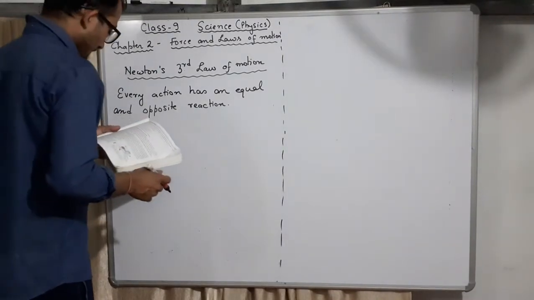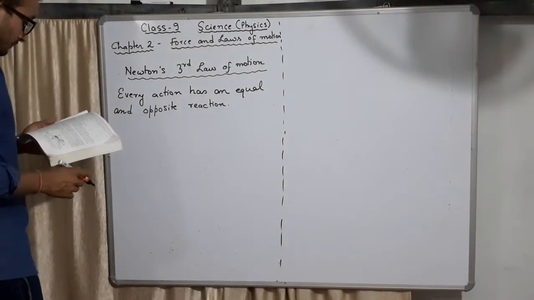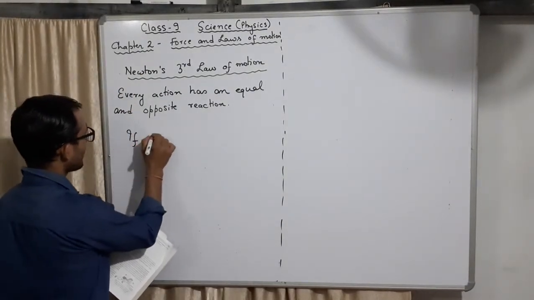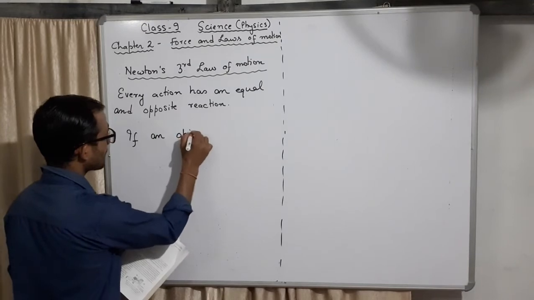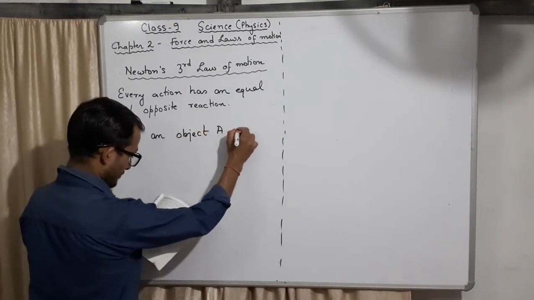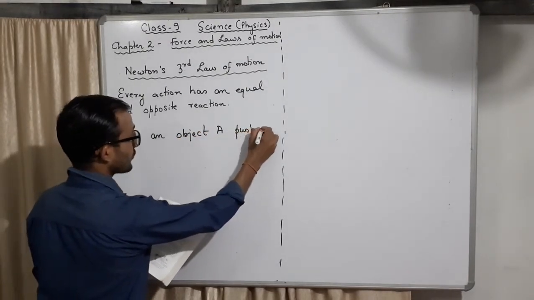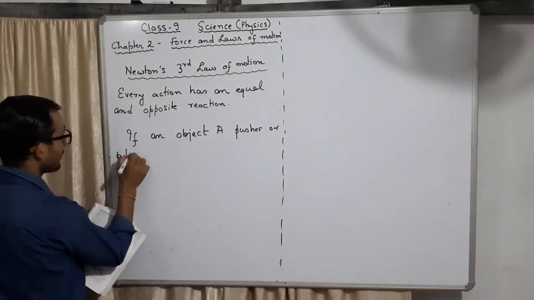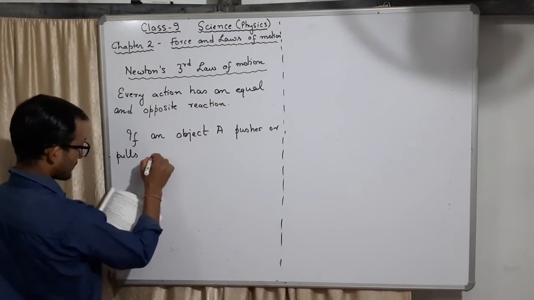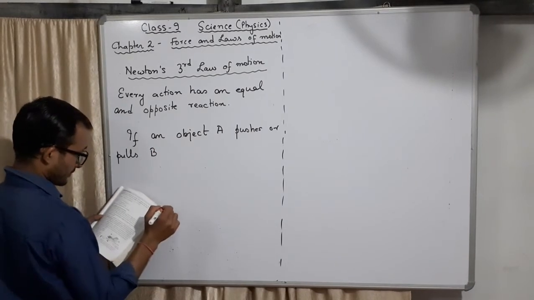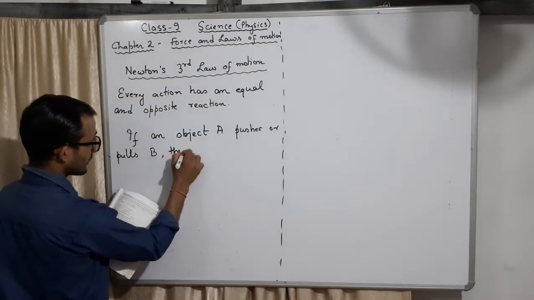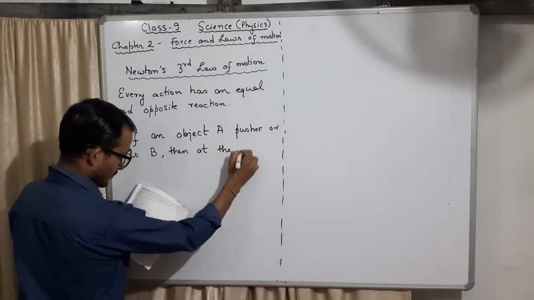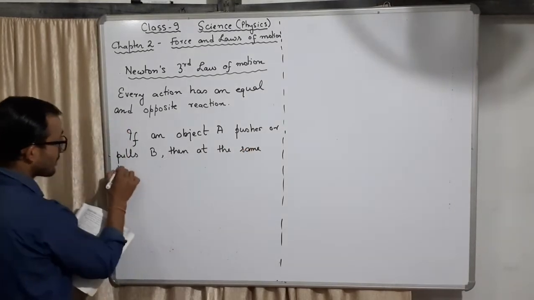Let us see by giving an example. If an object A pushes, or pulls, B, another object, then at the same time, this is important, simultaneously together.